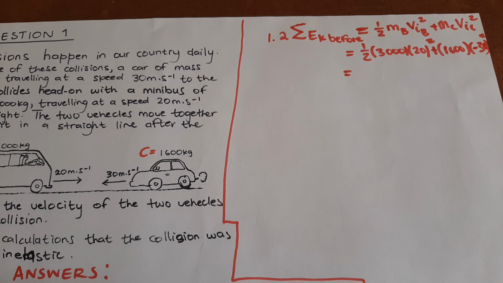Half 3000, 20 squared, plus 1600, minus 30 squared. I hope I did very well regarding the calculations.